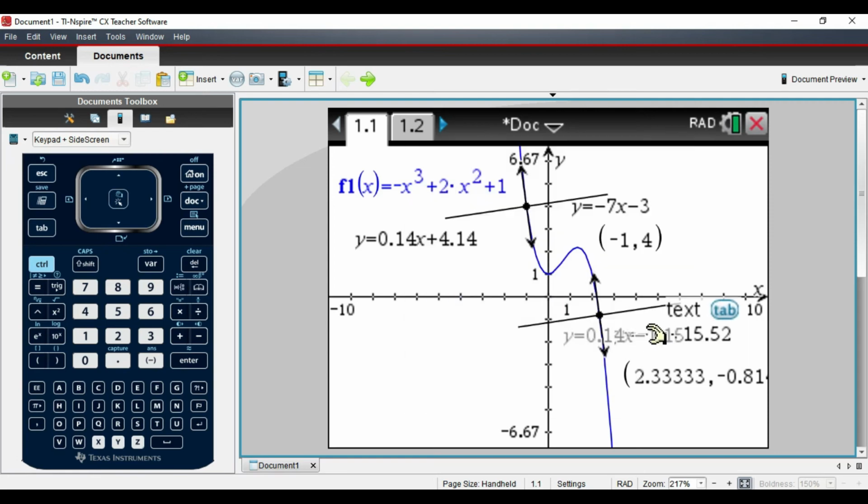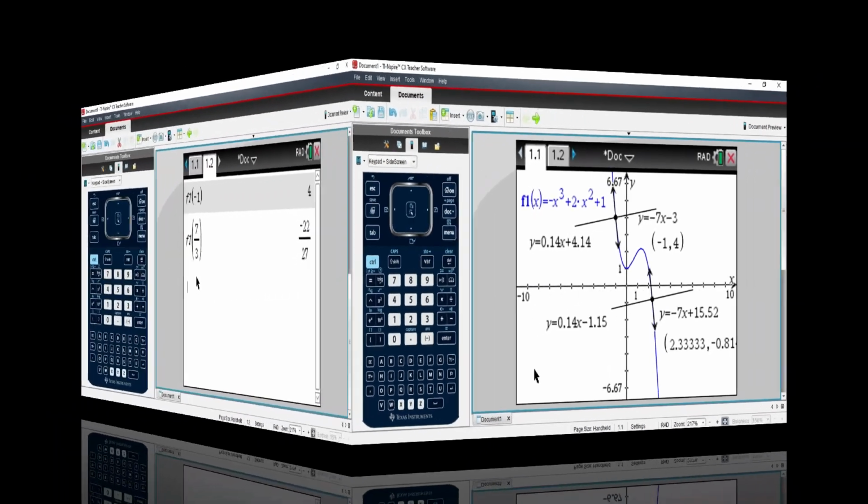Get that equation and definitely drag it so you can see it. And notice both of those equations have a positive coefficient, so those are the normal equations with the slightly positive slope. And there's our second y value that I forgot what we had, and I guess that was negative 31 over 27. So let's confirm some of those things and wrap up.